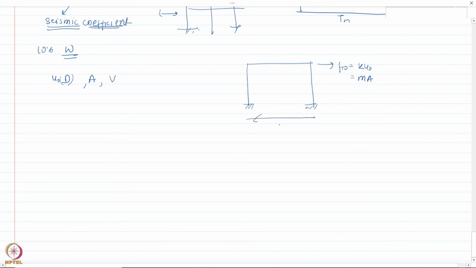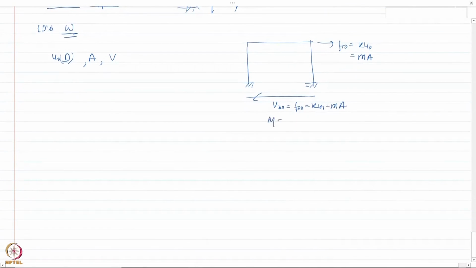The total base shear would be, as I've previously indicated, fso equal to k u naught times acceleration. And basically the base moment would be fso times h. We would be following this procedure, and depending upon what response spectrum is available to you, you can directly get d, or even if A is given, let us say the pseudo acceleration is given, or V is given, you can find out the other parameters.